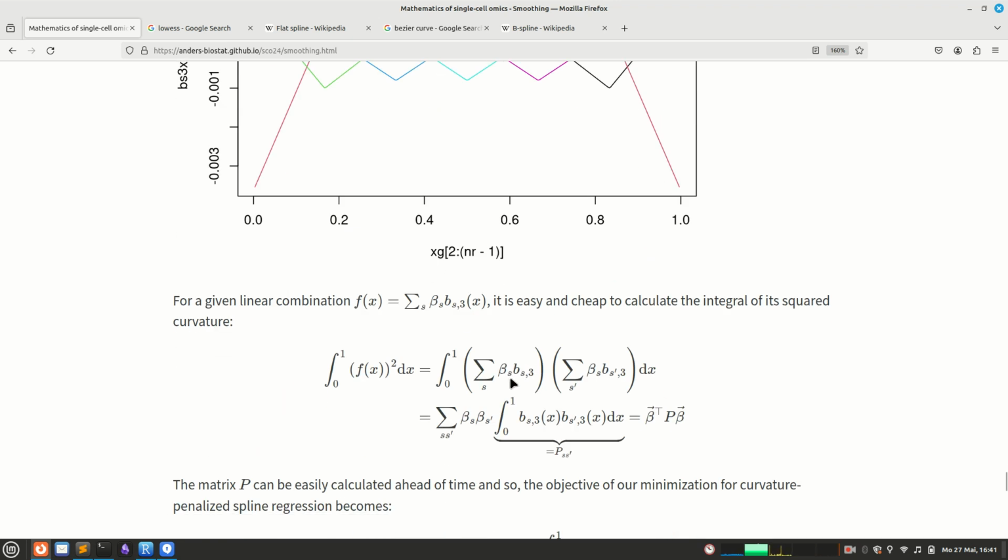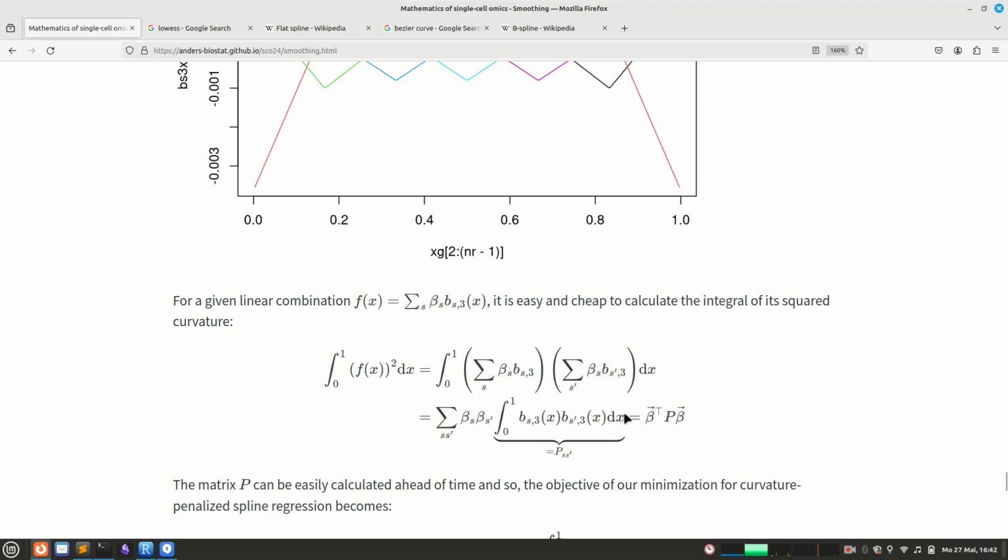And the linear combination of these basis functions, because I square them, I write them here twice. So this sum s runs over the basis functions. BS3 are these basis functions. And beta s is our coefficient in front. And this is the same thing again, and this we can now turn around and say what we have here is a double sum over all the basis functions and again over all the basis functions.